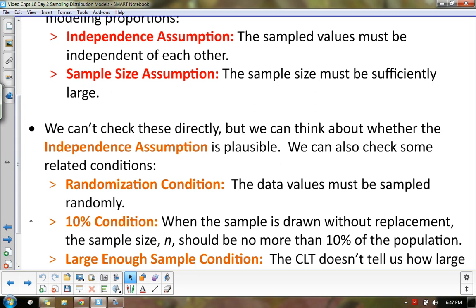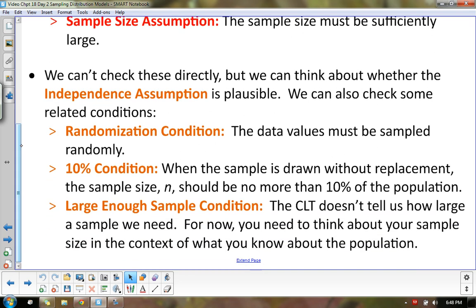So we can't go into this directly. What that means is I cannot measure in every sample and every population whether or not one thing has anything to do with another, nor can I look at it and say directly whether or not it's big enough just by looking at numbers that I'm given. You have to check it. So you have to make sure it says someplace in your description that your values were collected randomly.